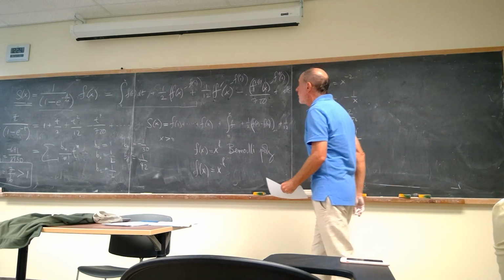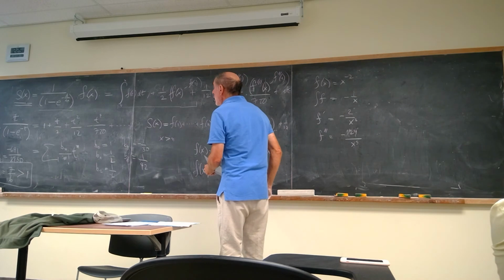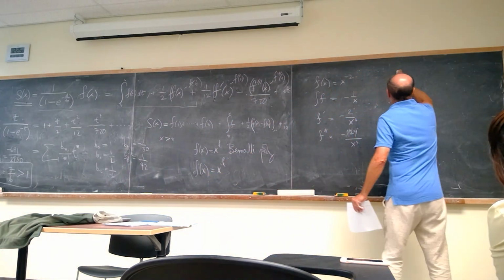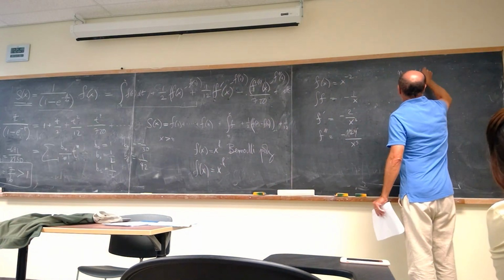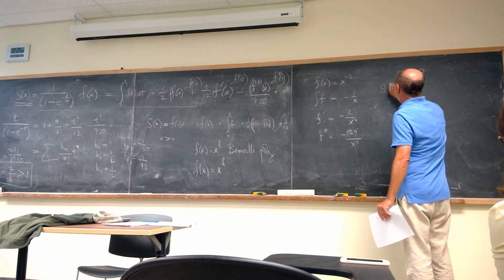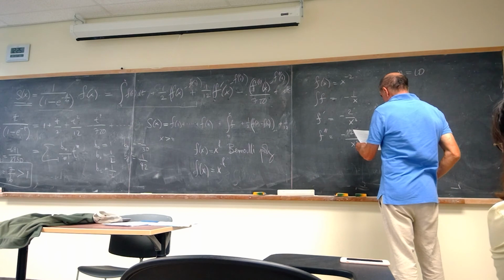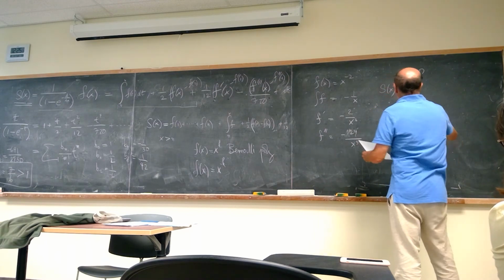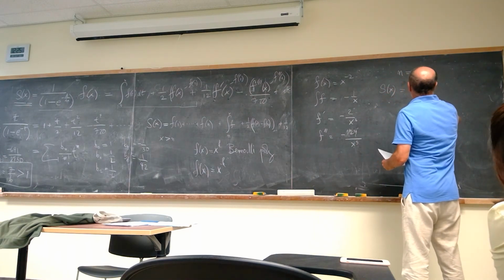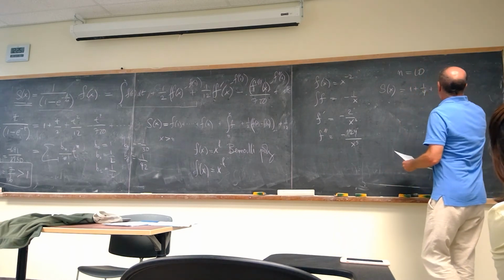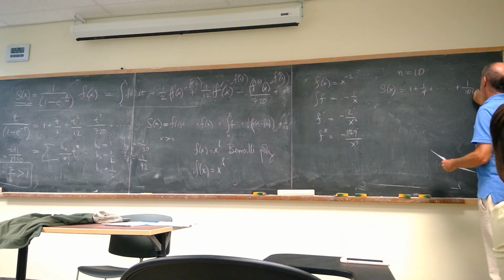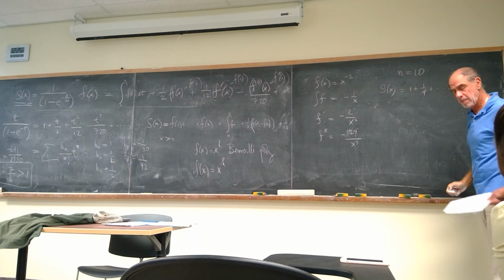So what does Euler-Maclaurin give us in that case? Well, let's take n equal 10. So it would say that s of x is 1 plus 1/4 plus 1/100th. That's what we had previously calculated, right?